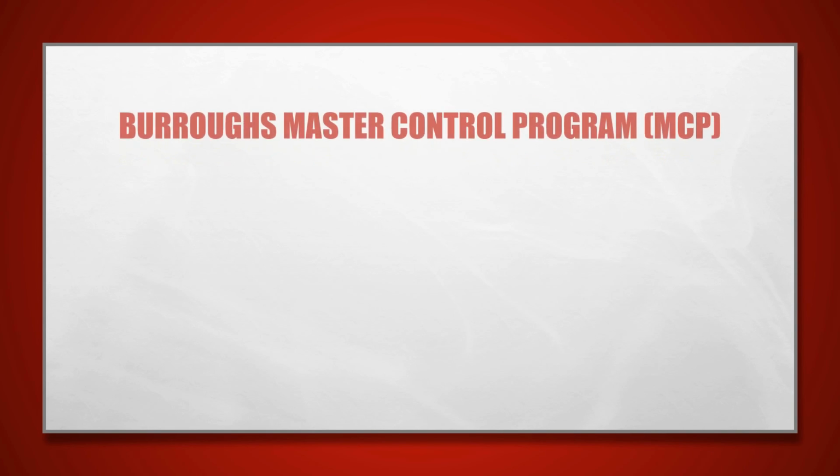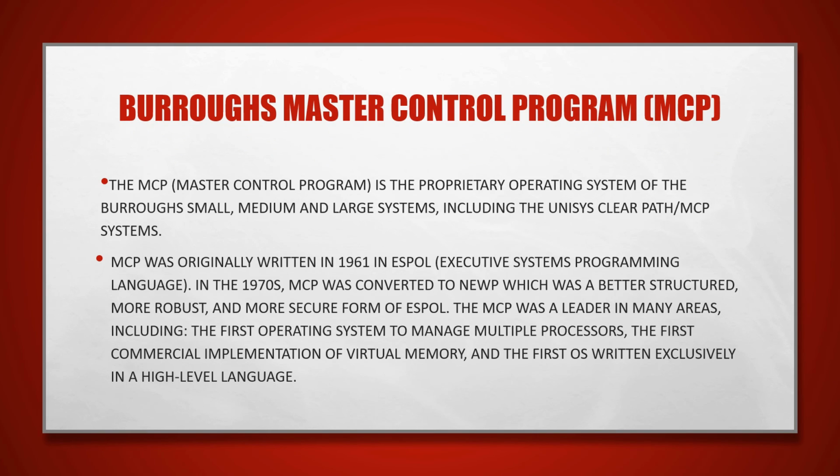And then the last, the Burroughs Master Control Program, MCP. The MCP is the proprietary operating system of the Burroughs Small, Medium, and Large Systems, including the Unisys ClearPath MCP systems. MCP was originally written in 1961 in ESPOL, Executive System Programming Language.